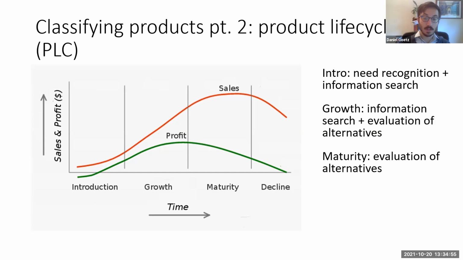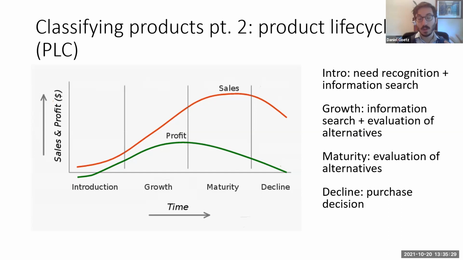If it's in the growth phase, information search and evaluation of alternatives, right? If it's in the maturity phase, everyone knows about it. Everyone knows what it does, what need it satisfies. So, help people pick your product by targeting them when they're weighing different attributes. And for a product in decline, typically you just want to convince people to buy. Oftentimes this will mean cutting the price, as opposed to advertising heavily.